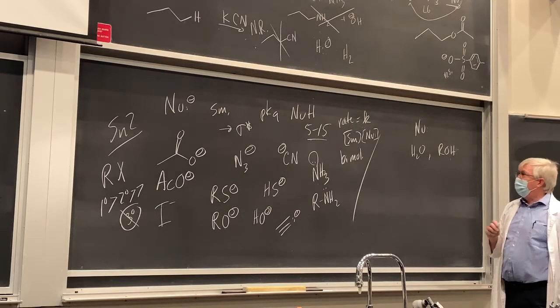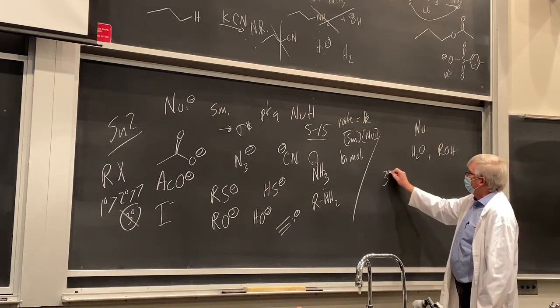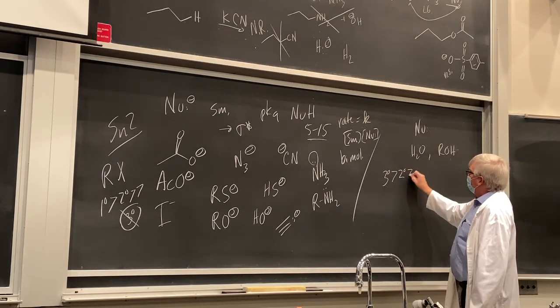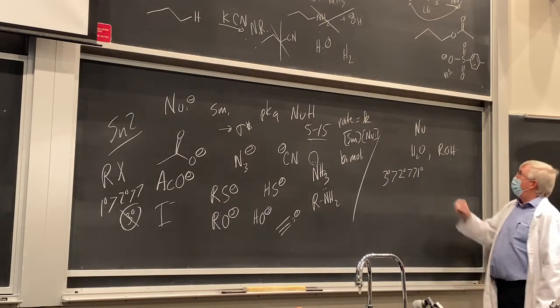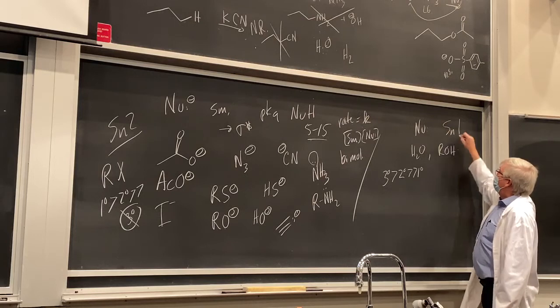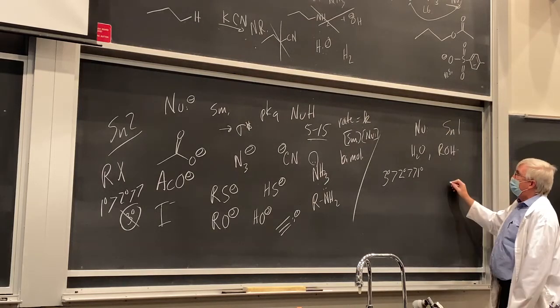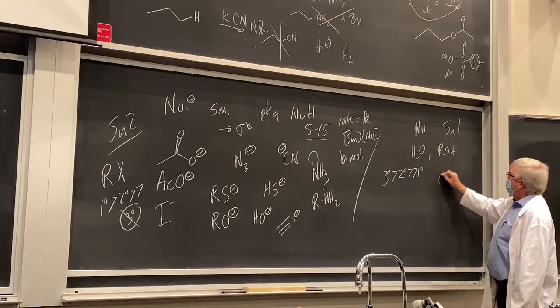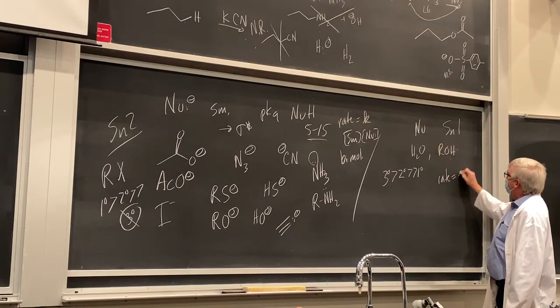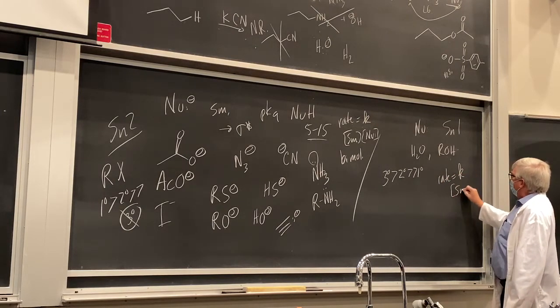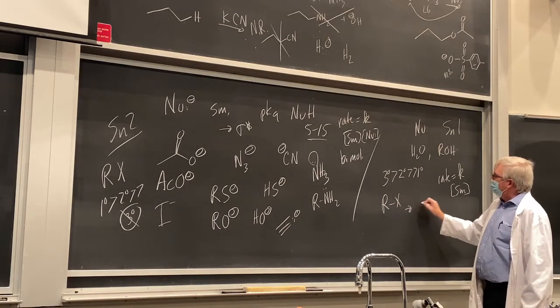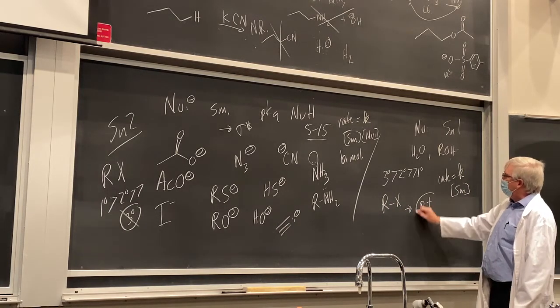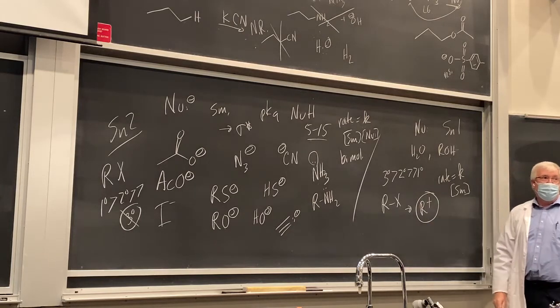Okay, if it's neutral here, and with a tertiary faster than secondary, much, much faster than primary, this is a different mechanism now. This is SN what? SN1. This is unimolecular, okay? The rate, the kinetics, is only proportional to the starting material because the rate limiting step or the slow step is the formation of the carbocation, okay?